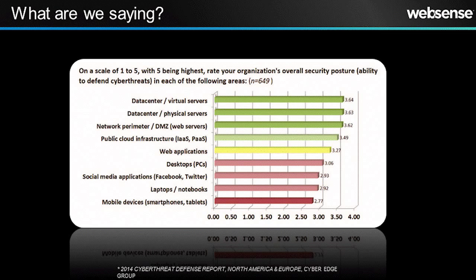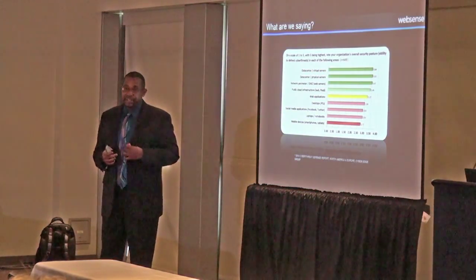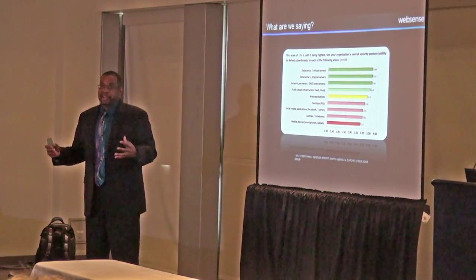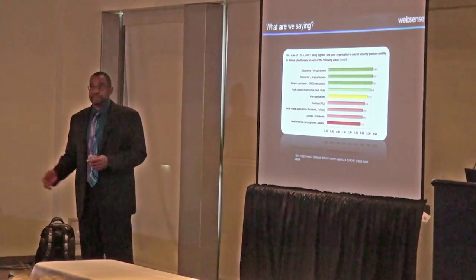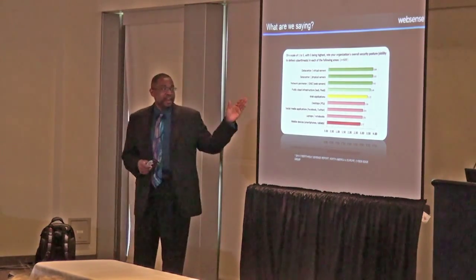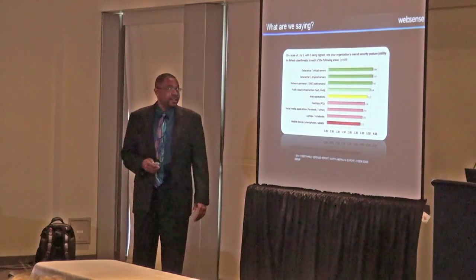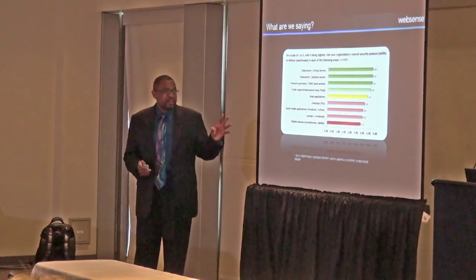Not surprised. Tablets and those devices are replacing computers and PCs, and we have very little visibility or controls around managing those devices and the applications that are on them. So this is still continuing to be our threat vector for exploitation, and one of the larger ones. Web applications is 3.27.